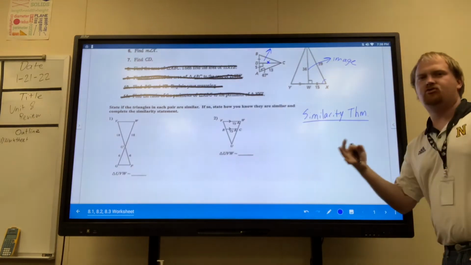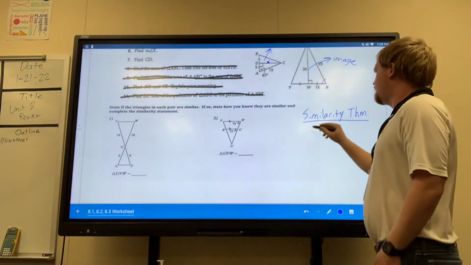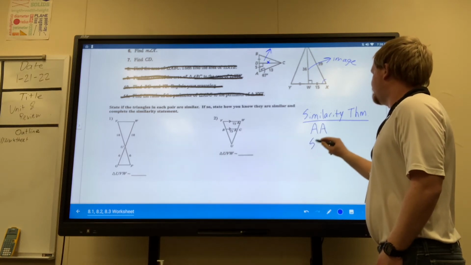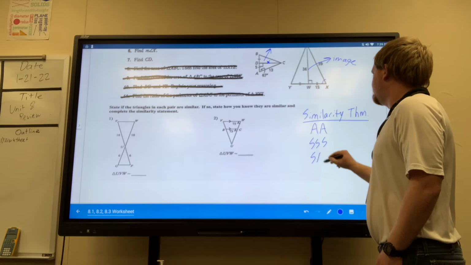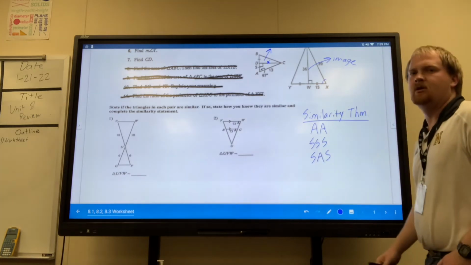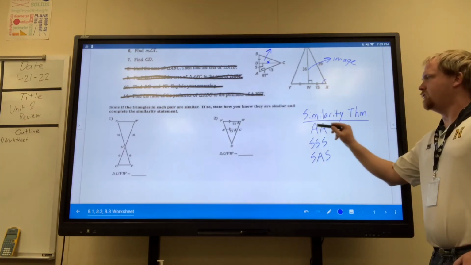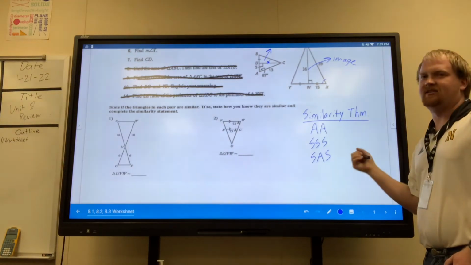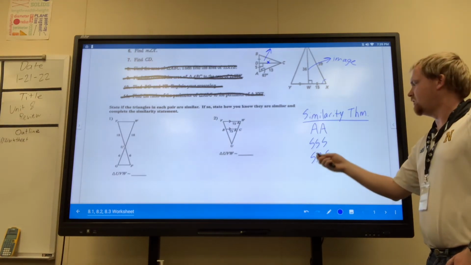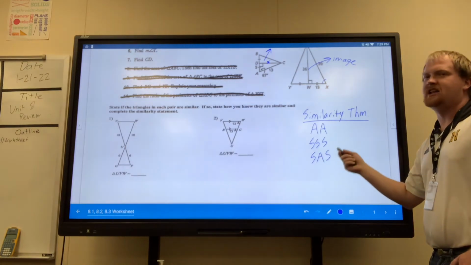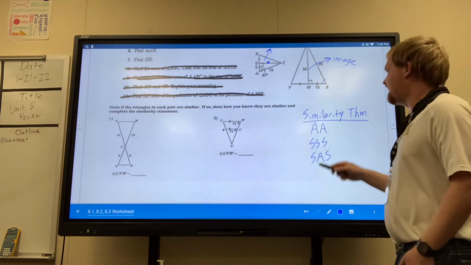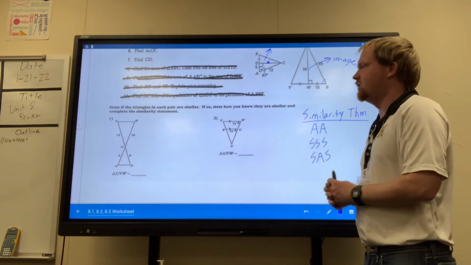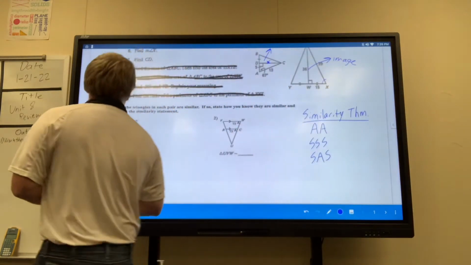There are three of them we talked about: angle-angle, side-side-side, and side-angle-side. Remember, if you have two angles, that'll work. If you have three sides, that'll work. And if you have a side, angle, side in that order, it'll work as long as they're proportional to each other.